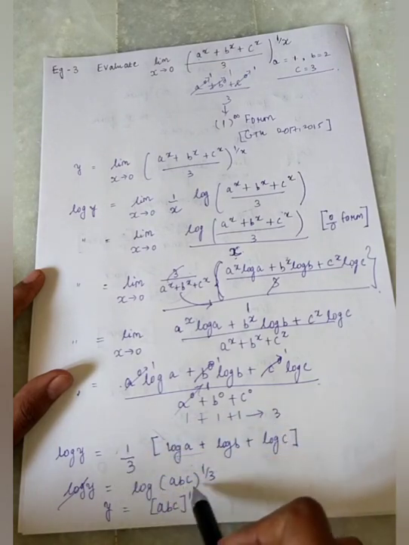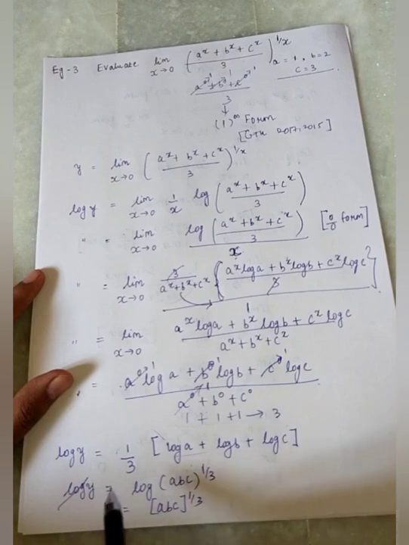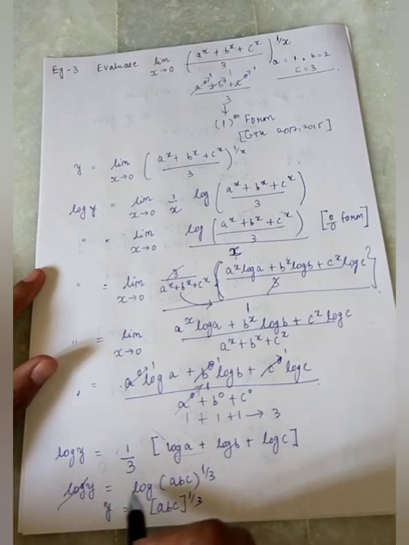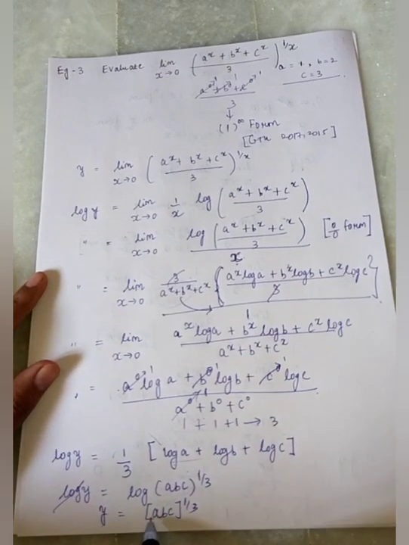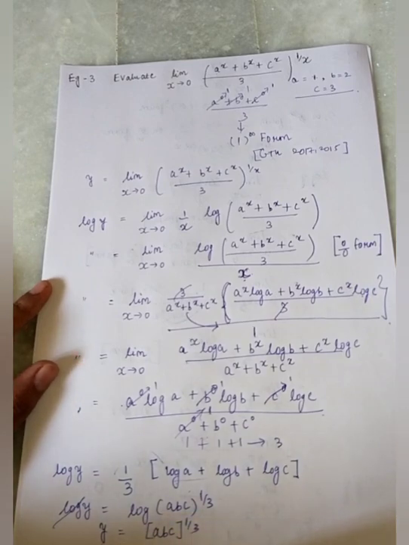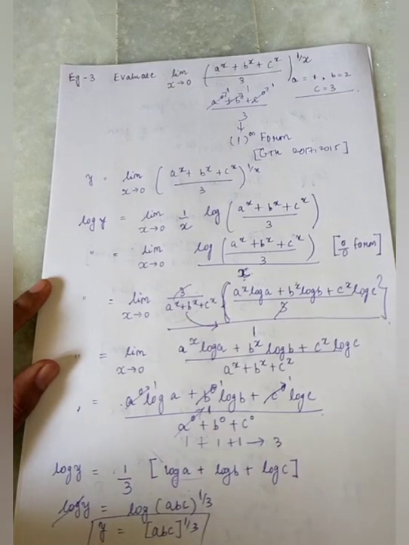So we got log ABC raised to 1 by 3. And now if we remove log from both the sides, we get y equal to ABC raised to 1 by 3. So the answer of this question is y equal to ABC raised to 1 by 3.